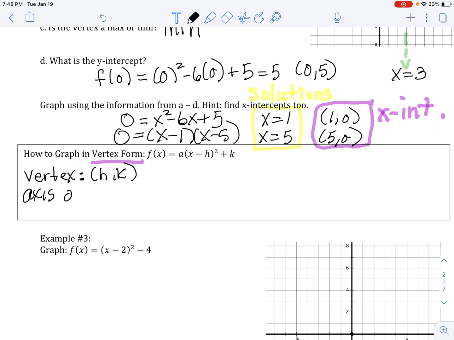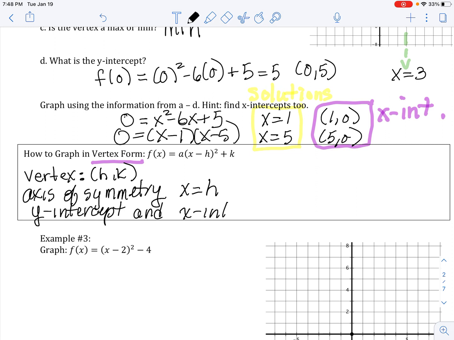So you find the vertex, then you do axis of symmetry, and that's x equals h, that's your h value. Then you do y-intercept and x-intercepts, and you graph. The x-intercepts are a little more complicated in this form.